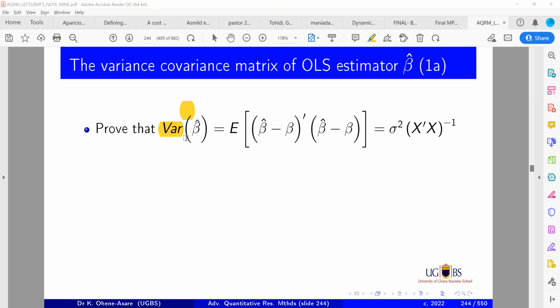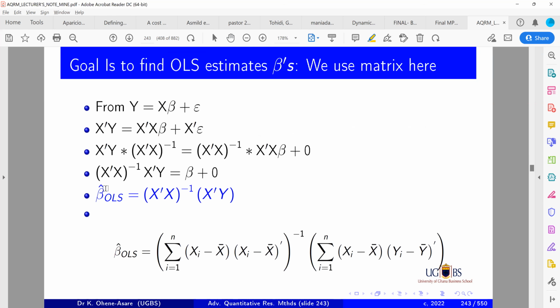So the variance of the beta. Remember we calculated the expected value of beta is beta cap. We just calculated that, the expected value, the mean. We've gotten the mean, and that was the previous one. Okay, the expected value of beta is beta cap.